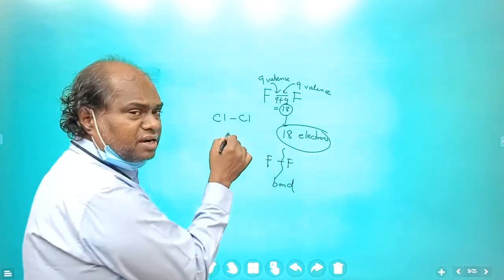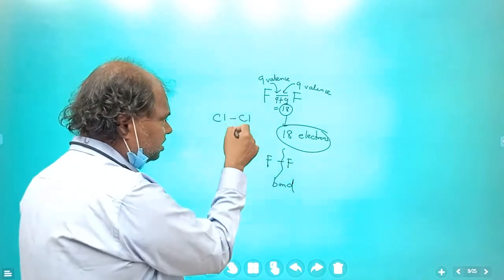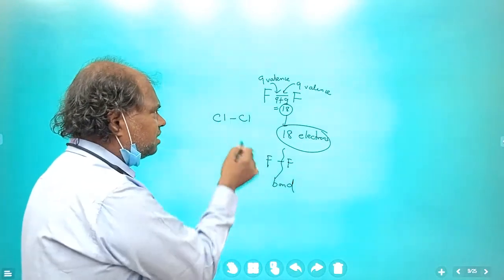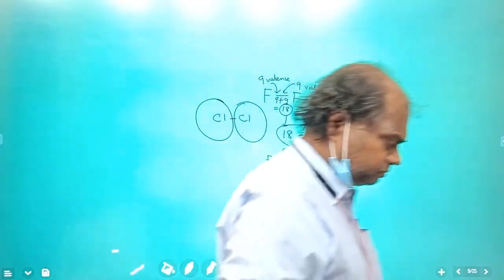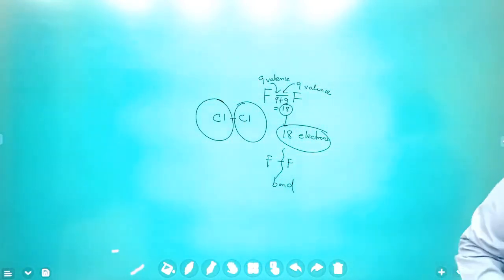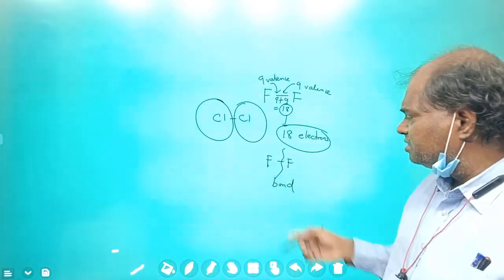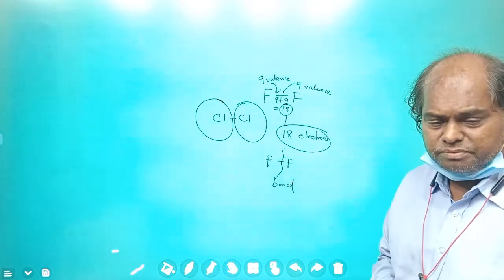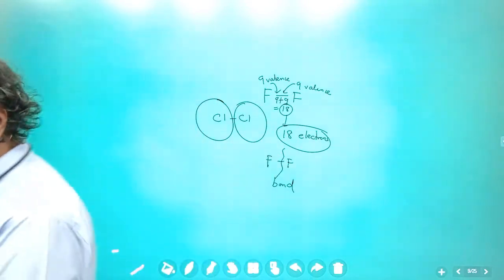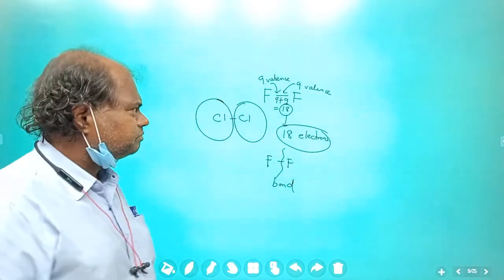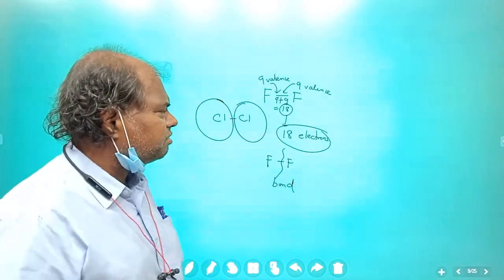Though it has more electrons, I agree with you, the space is much larger because Cl is a big atom, quite big compared to fluorine. That's the reason why the F-F bond will break very easily compared to the Cl-Cl bond. Okay students, this is the main thing. So this problem will be there for fluorine.